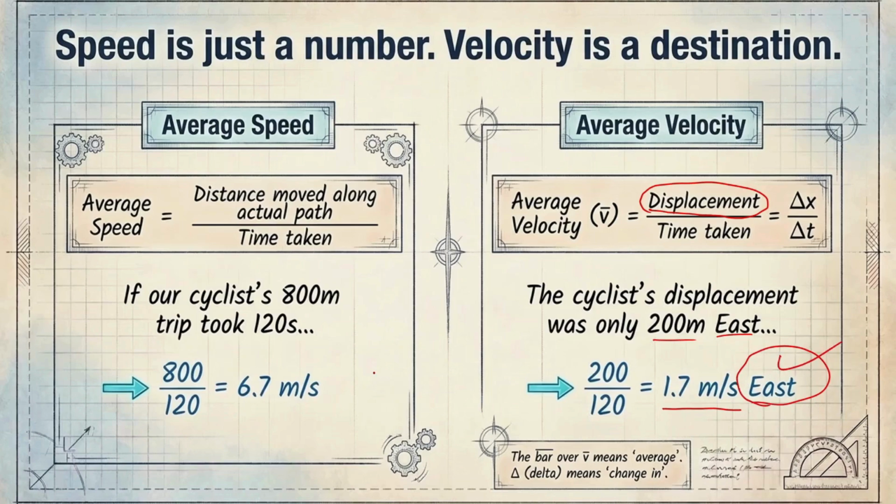Here I mentioned the direction. Here it didn't mention the direction because speed is a scalar quantity and velocity is a vector quantity. Whenever you deal with a vector quantity, always write the unit or direction.